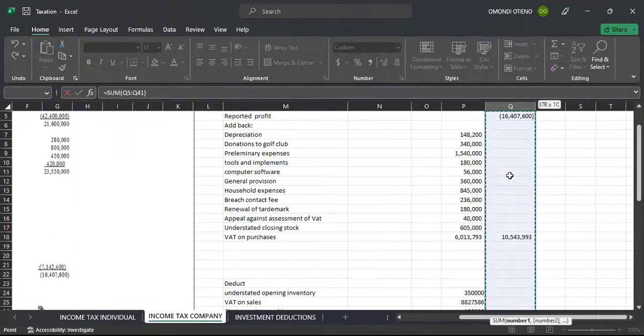Yes, let me see your figures. Negative 16, 158, 134.